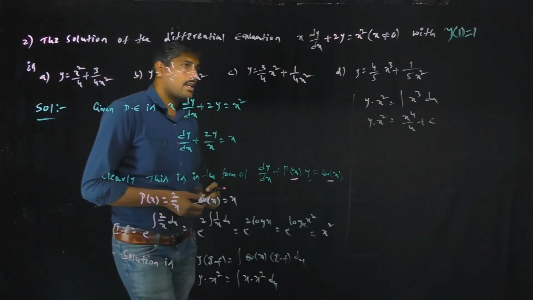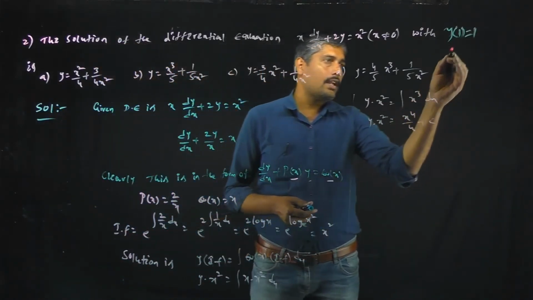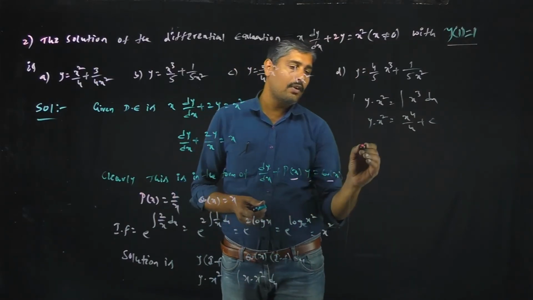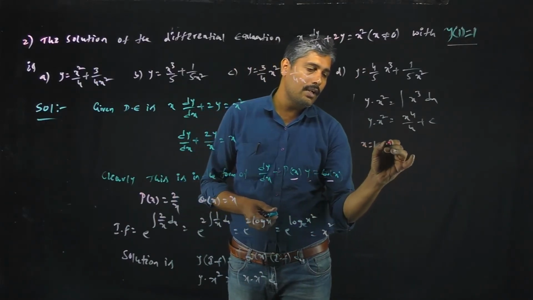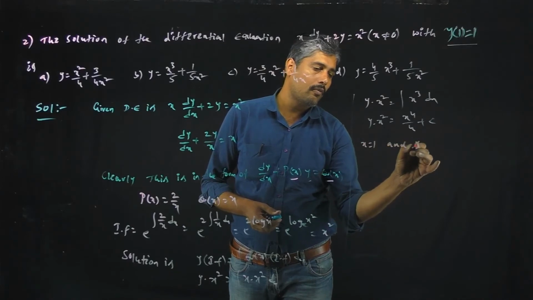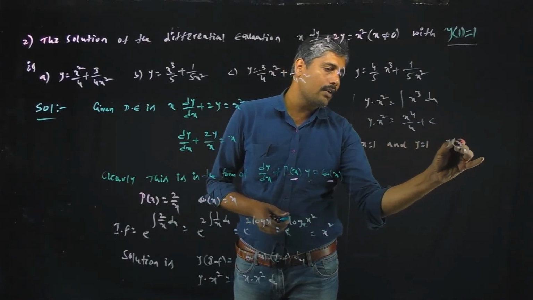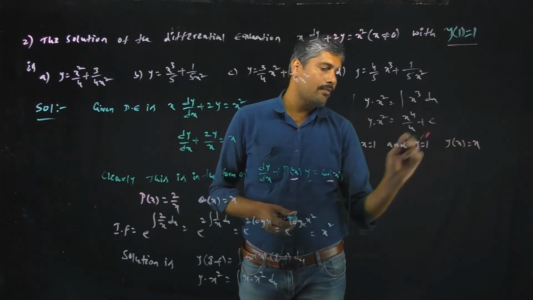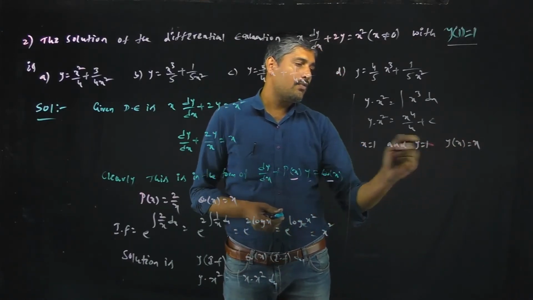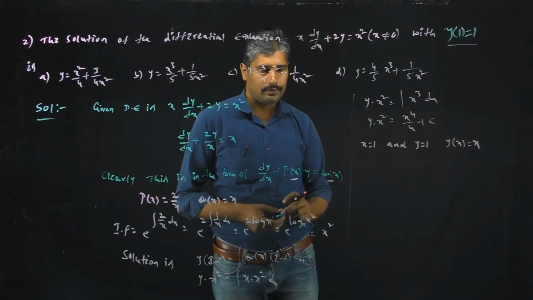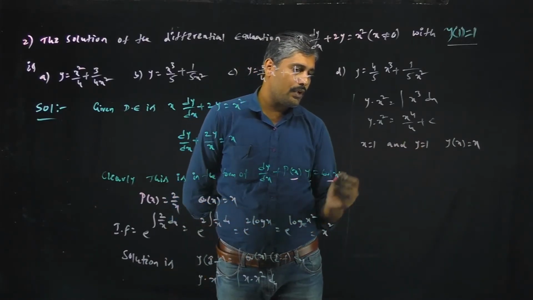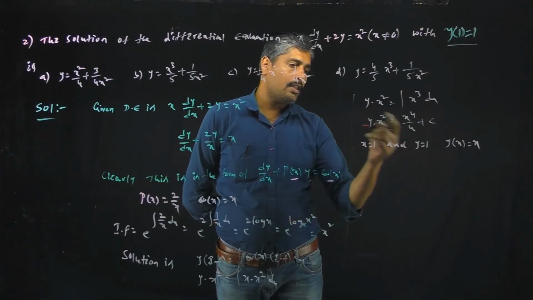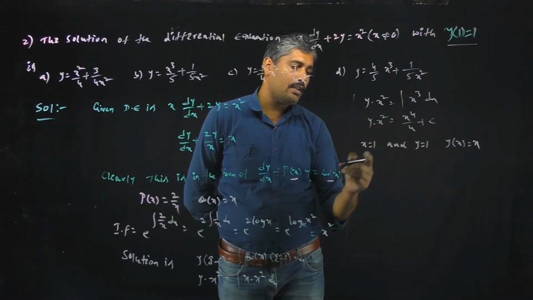He is asking y of 1 equals 1. Here x equals 1 and y also 1. Therefore, substitute x and y in the equation.